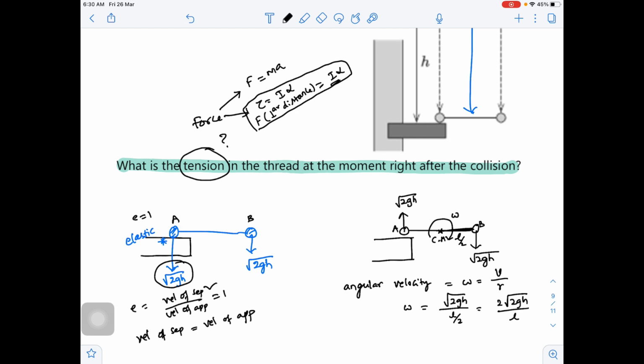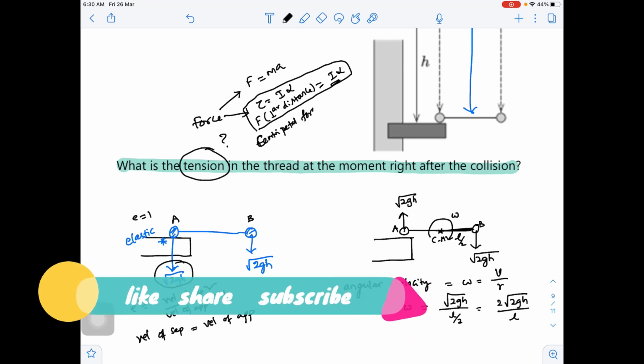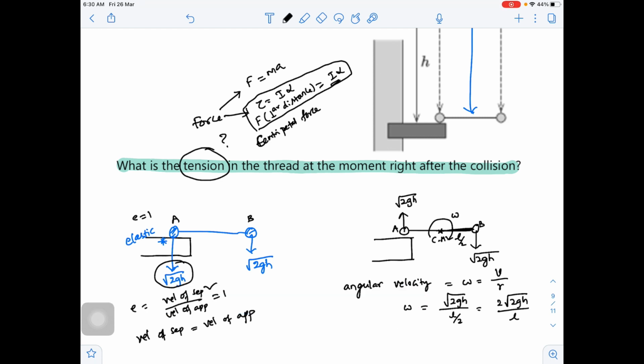Now once the body is under rotation, we can find out the force by using centripetal force. Whatever force they are asking should come under centripetal logic, then only we can find it out.